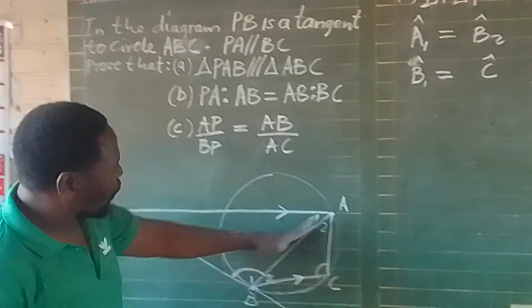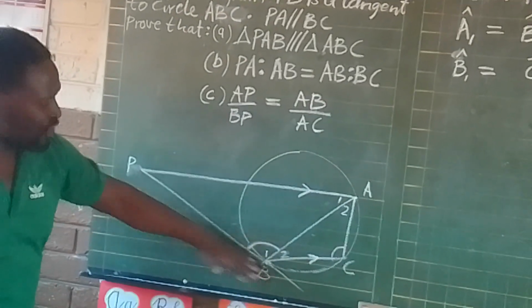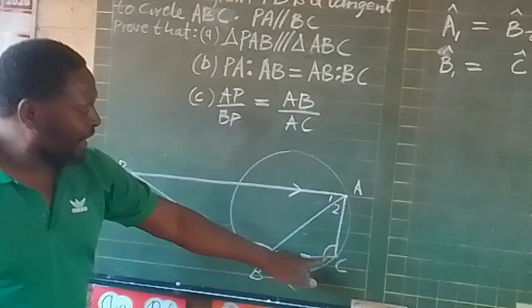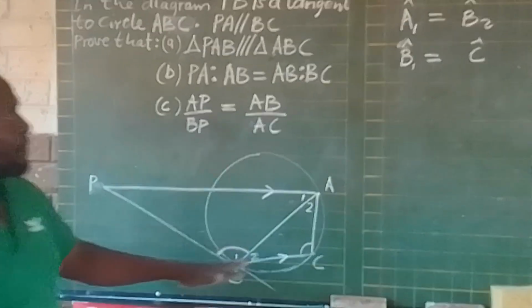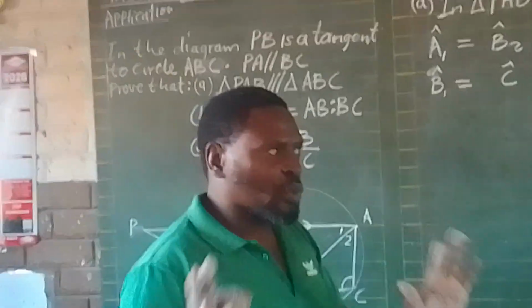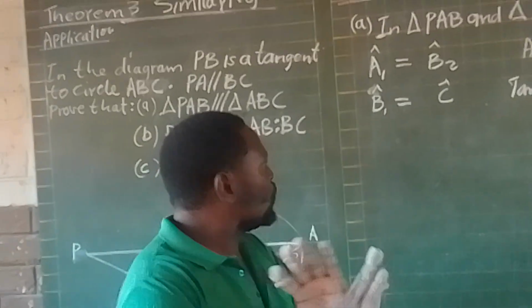The angle between the chord and the tangent is equal to the angle in the alternate segment. The third angle, grade 12, you don't sweat, you don't work much.